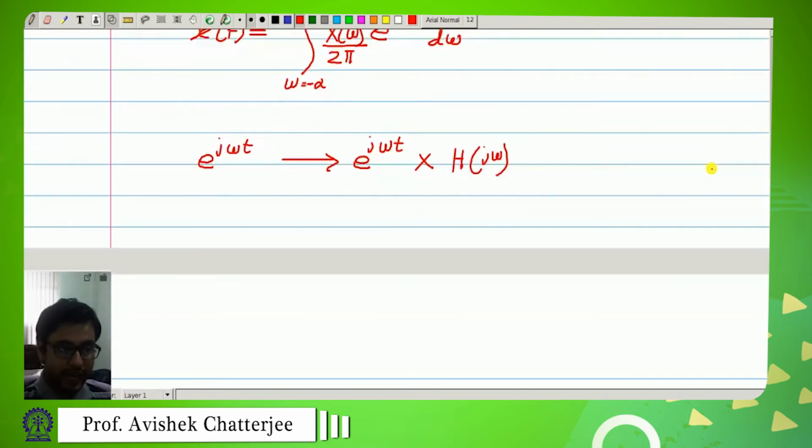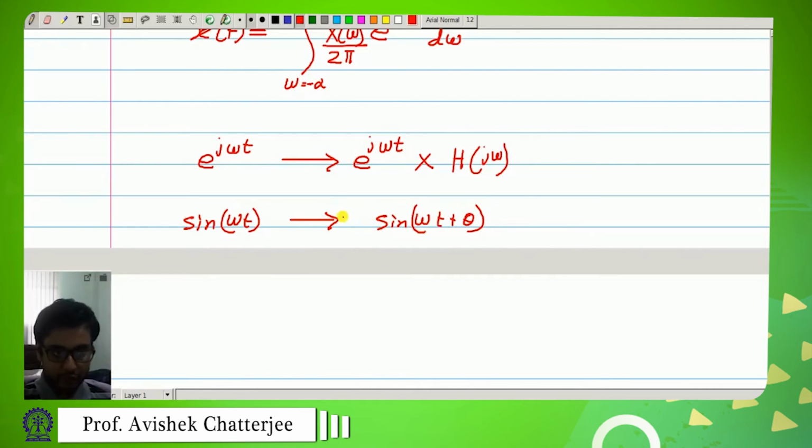Also, you recall that e to the power j omega t are not practical real life signals. These are complex signals. But we also learned that if you give sin(omega t) as the input, then we will get M sin(omega t plus theta).